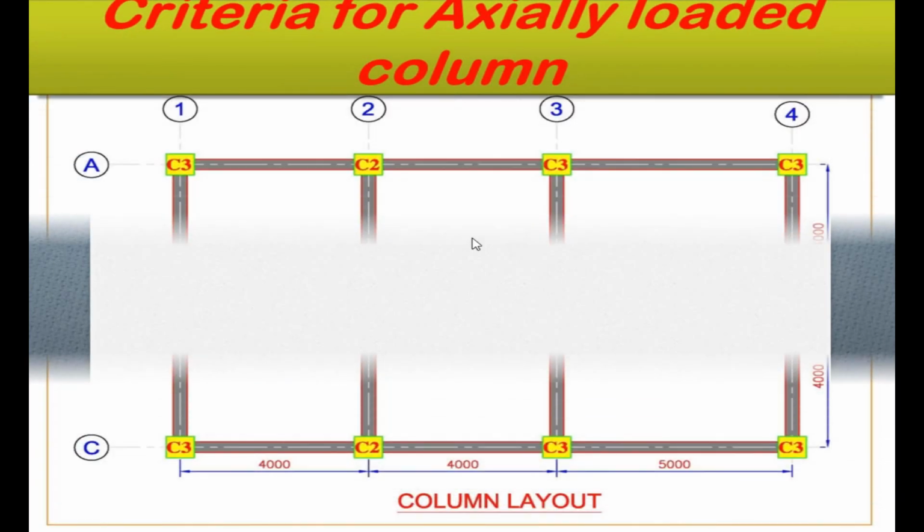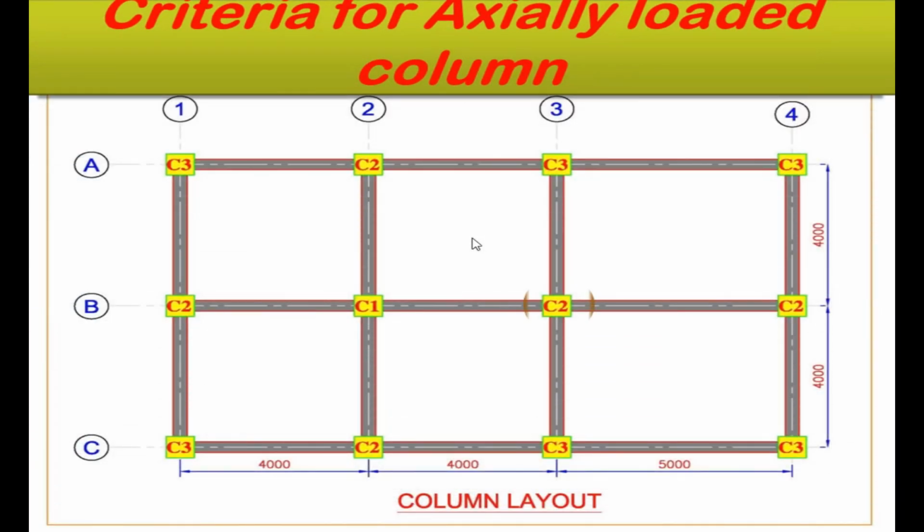Next criteria for the axially loaded column. You can see here C2, which is also an internal column, but why is it not an axially loaded column? Because on this side and the opposite side the lengths are equal, 4 meters and 4 meters, but these two other sides are not equal in length: this side is 4 meters and this side is 5 meters.